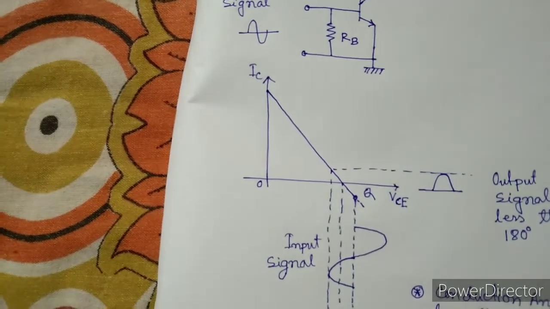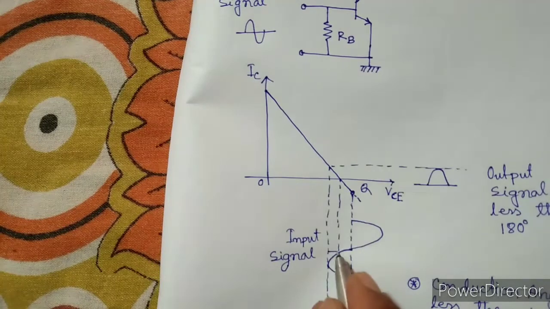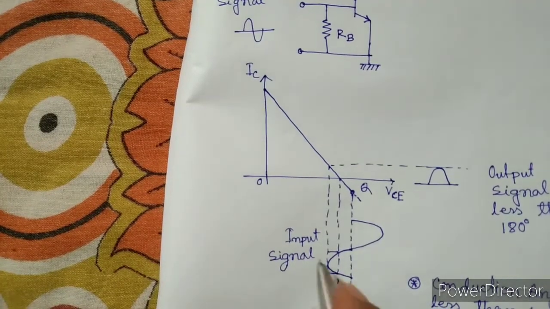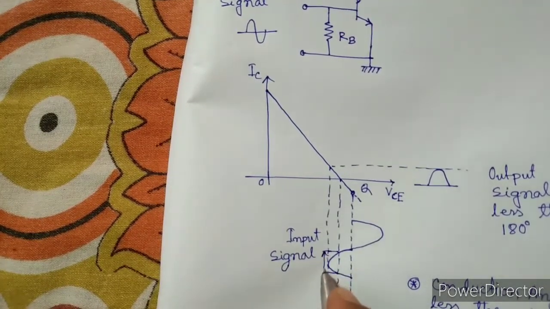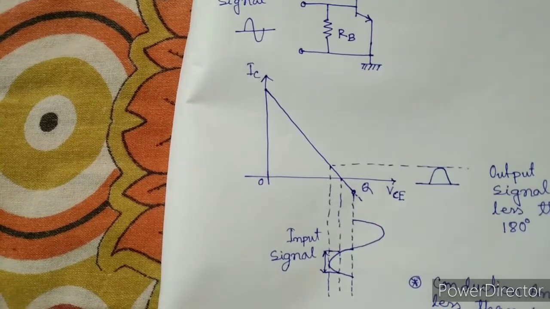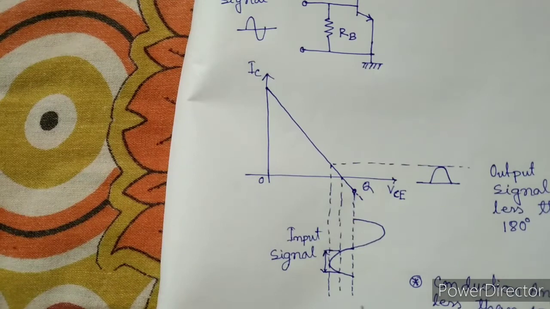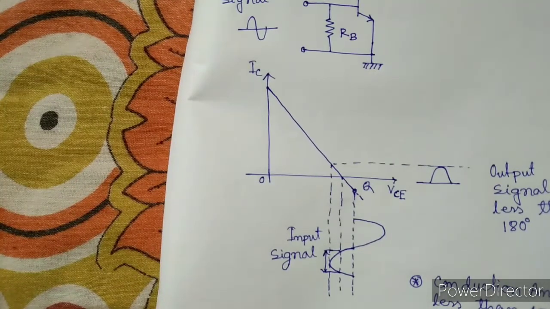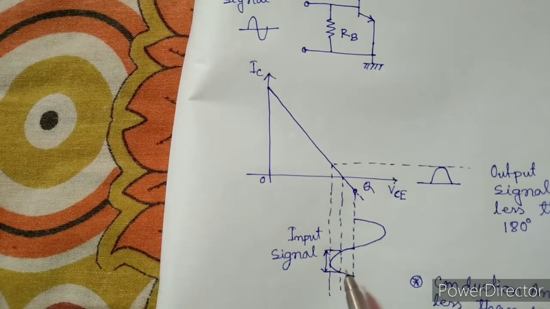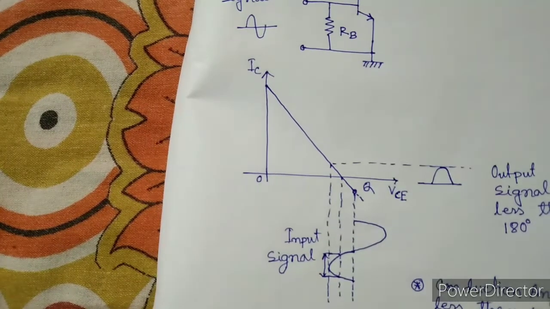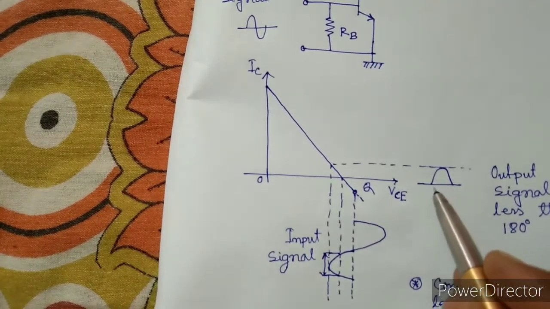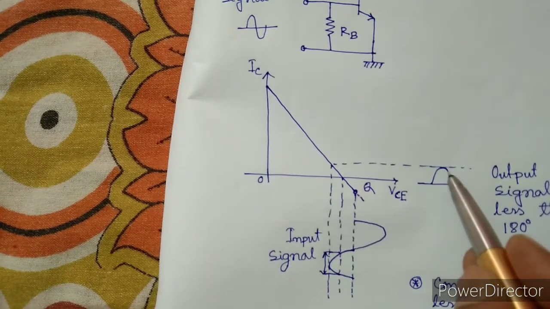So, we can see that for this region only the transistor will be conducting, and in the rest of the region the transistor will be switched off. So, the conduction period is less than 180 degrees, and we will get the output like that.